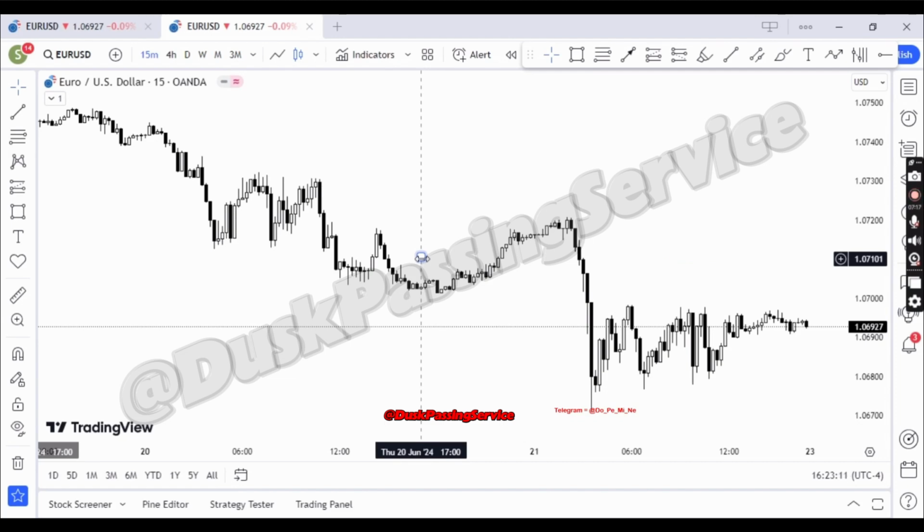Now, with that fact in mind, you can straight away expect a ranging profile, and as I said before, after a ranging profile, the only two possible outcomes price can have are either a manipulation profile or an expansion profile, right? Then you can integrate these market profiles in opening times with other concepts such as the key levels concept and CRT, and then you can position yourself towards your drawn liquidity, right?